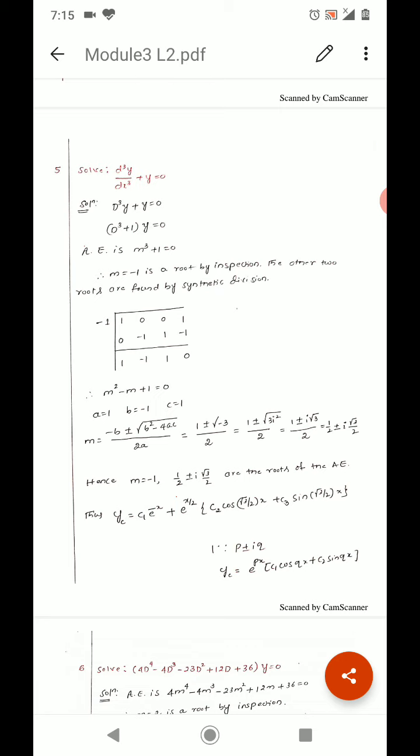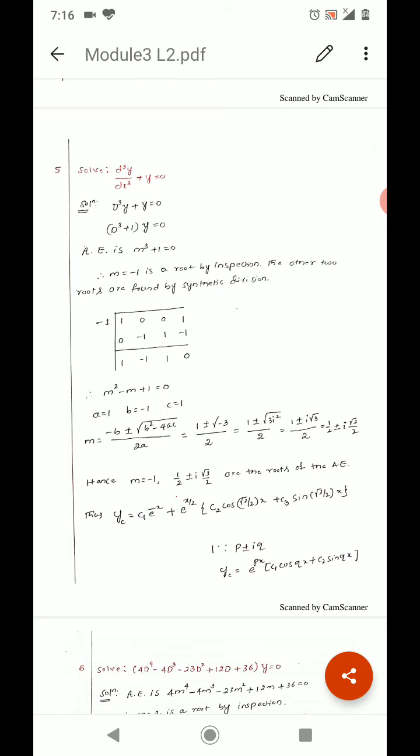So 1 into -1 becomes -1. Putting it below the 0 and adding with 0, we get -1 + 0 is -1. Multiply -1 with -1 again, it will become +1. So put 1 below the next term, that is 0. Adding those terms 0 and 1, we get +1. Multiply again 1 with -1. So 1 into -1 becomes -1.